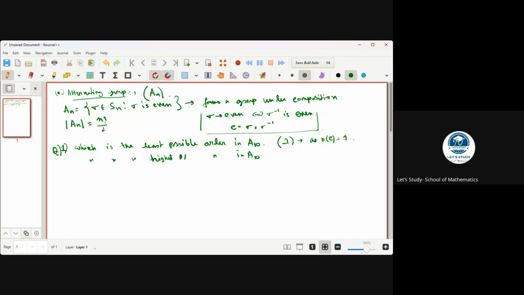Anyone? Please tell me. What is the highest possible order? We have done, right? What is the order of an element of Sn? What is the order of an element of An? Not An, but it is an element of Sn, right? So the order property will follow from that.